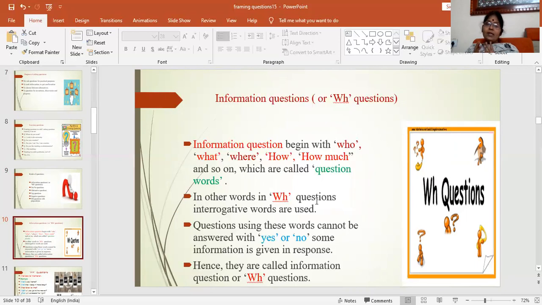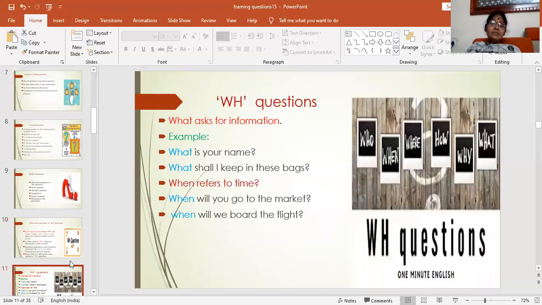Hence, they are called information questions or WH questions. So what are WH questions? Questions that begin with who, what, where, how, which are interrogative words, and these questions cannot be answered with yes or no, right?